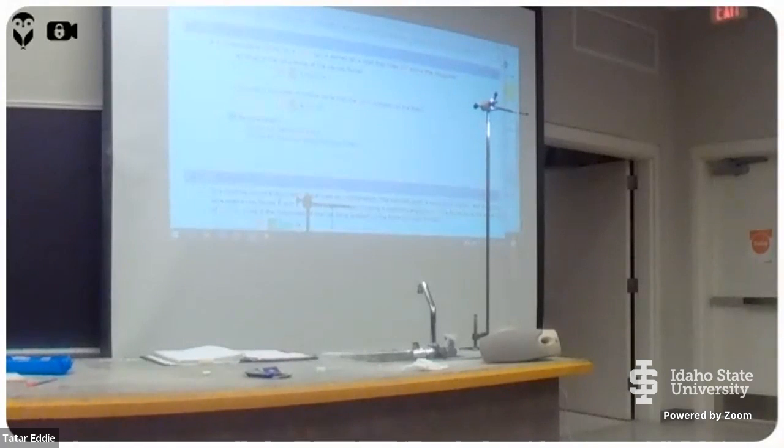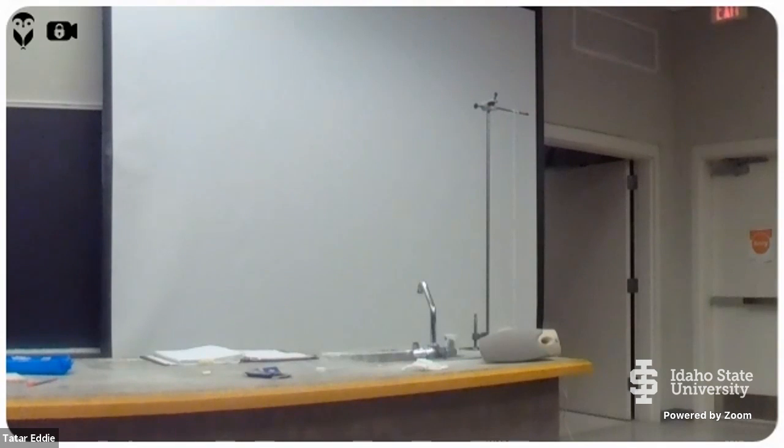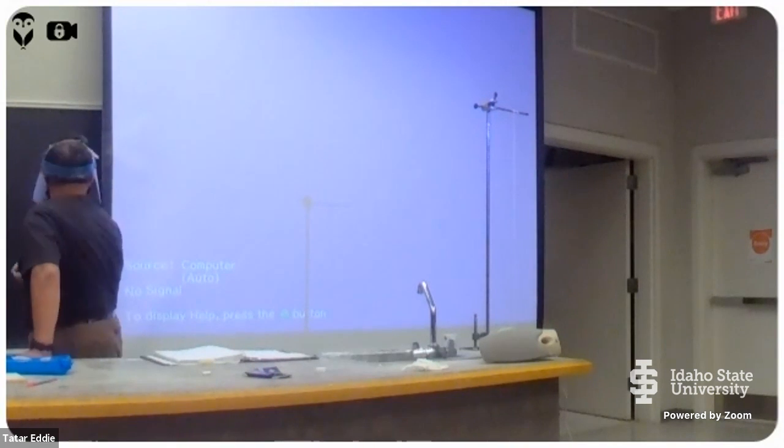Therefore, the static friction force should be equal to the only other force in x direction. This is the x component of the weight. Should be equal to mg sine of the angle theta. Okay.